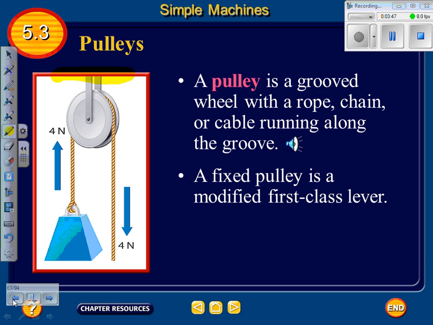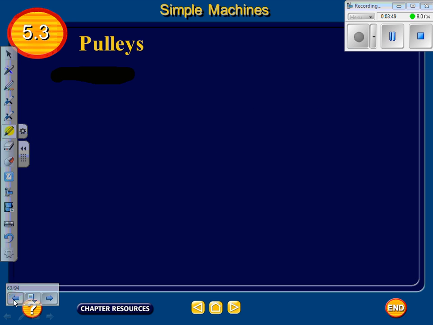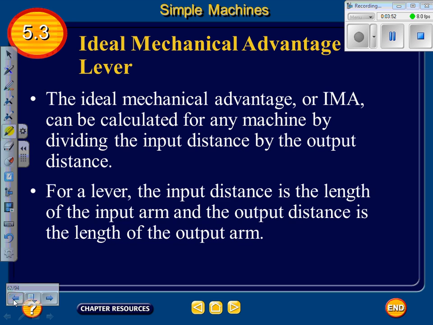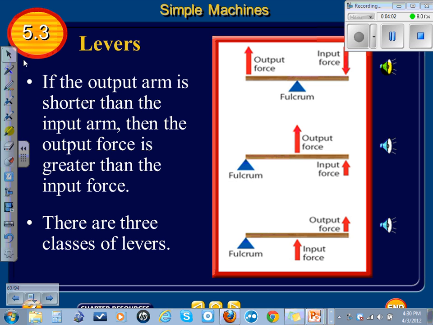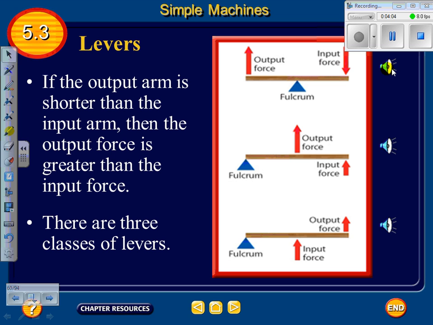I'm going to back up here a second and show you what a first-class lever is. I forgot to do that. A first-class lever, come on, work.